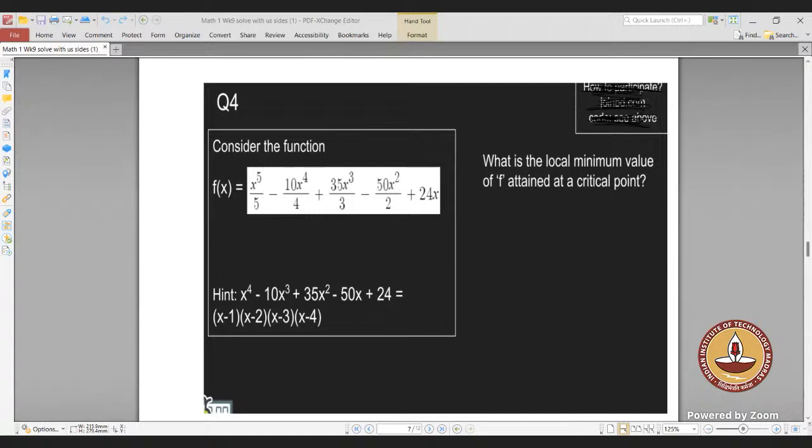So basically, if we get x is 1, 2, 3, we'll just substitute x is equal to 1, x is equal to 2, x is equal to 3 in the main equation, which is f of x, and find which among these three gives us the least value. So for example, if x is equal to 2 gives the least value, let's say it is some 10. So that 10 would be the answer to this question.